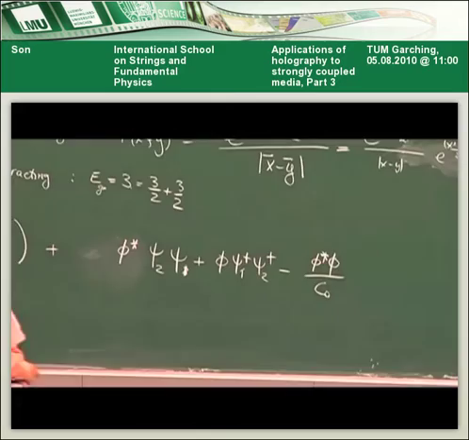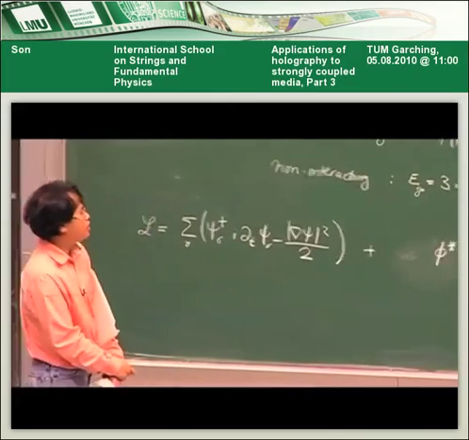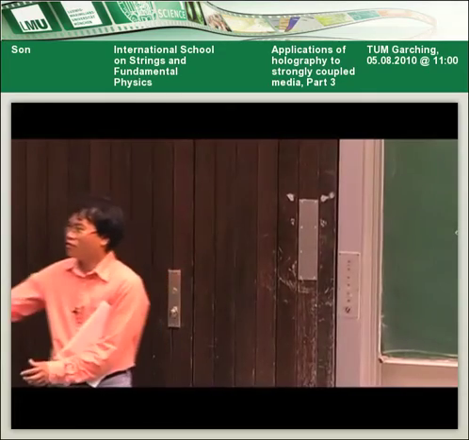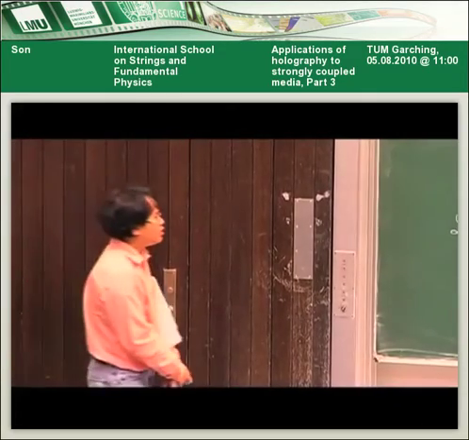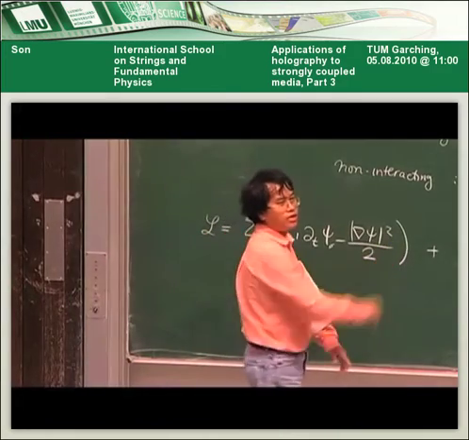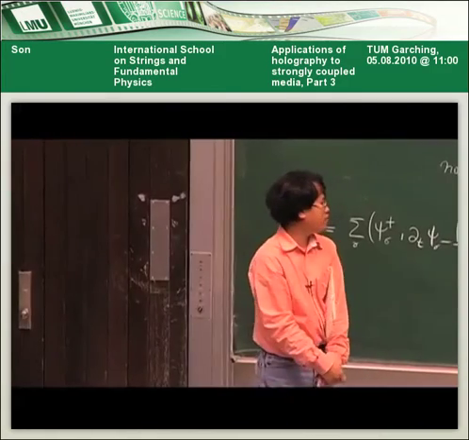If you integrate over phi, then you will see the four Fermi interaction appearing again. Phi appears in the Lagrangian only quadratically, so the integration over phi can be done exactly.